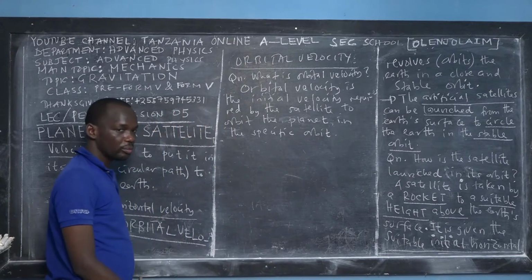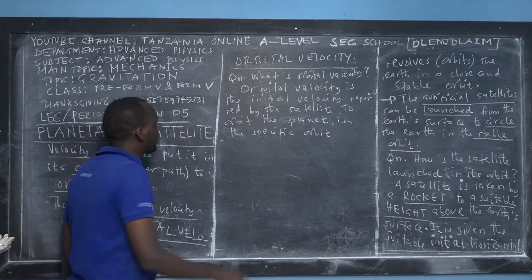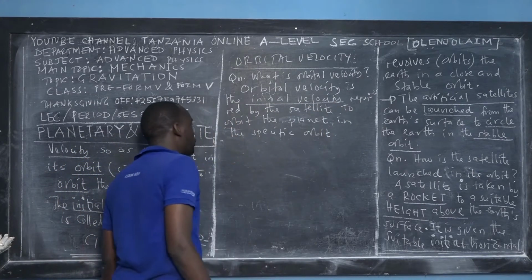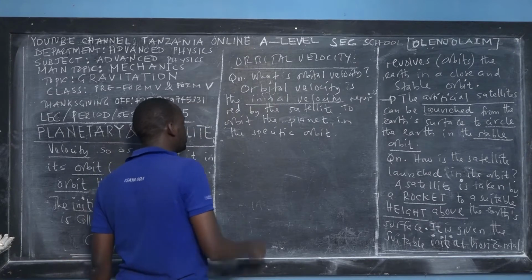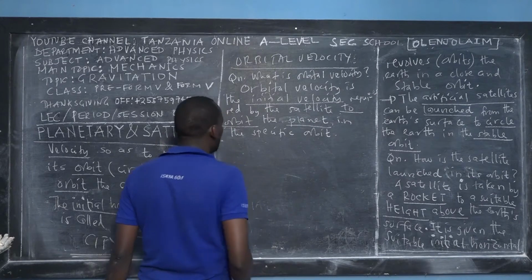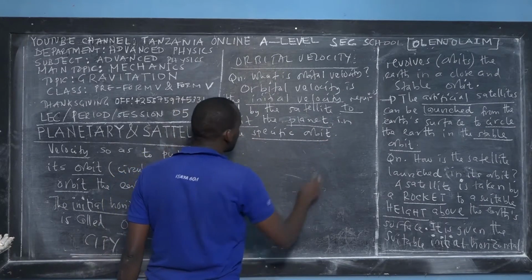That's how we define the orbital velocity. What is orbital velocity? This is the initial velocity required by what? By the satellites to do what? To orbit the planet in the specific orbit.